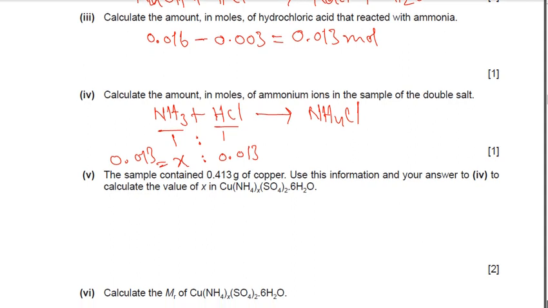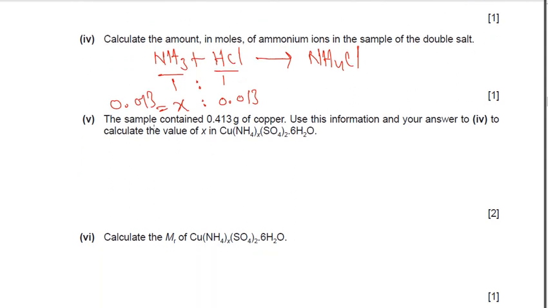Next, he says that the sample contains 0.413 copper. So now the question is turning towards the copper, and it says to use the information and your answer to calculate the value of x. So first of all, I'm going to convert the mass of the copper into the moles of the copper.